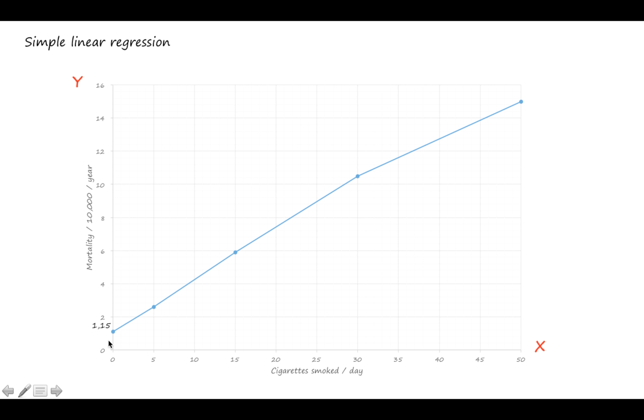In the research, when they calculated the number of cigarettes and the mortality, they found a result something like this blue line, which is pretty close to a linear positive correlation between these two variables.